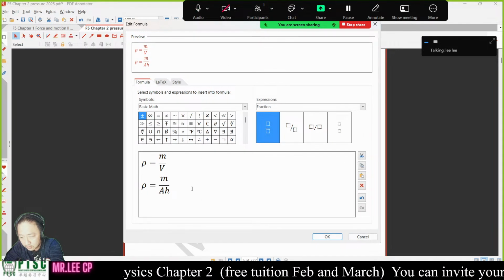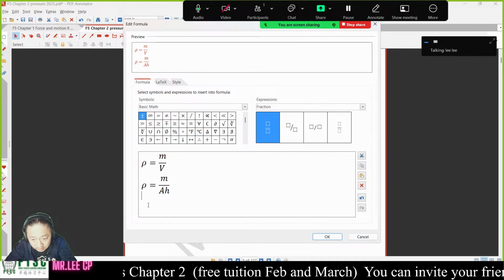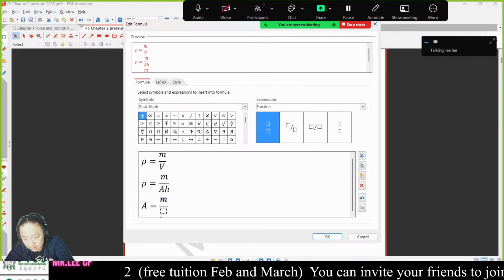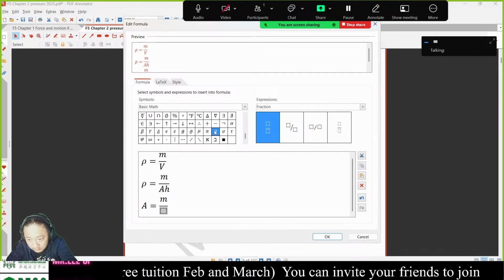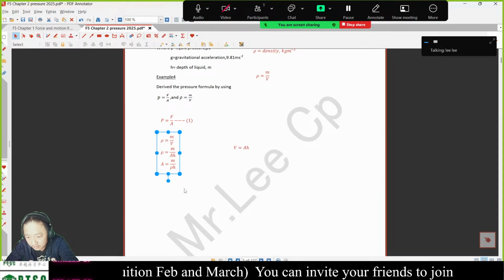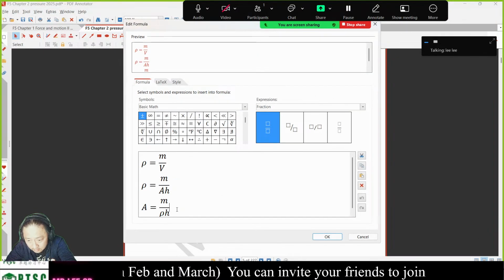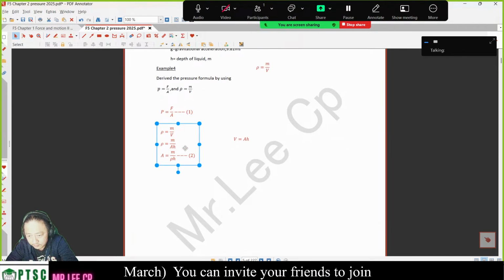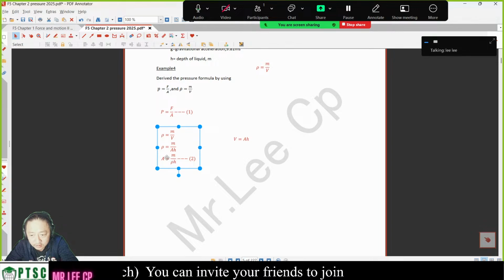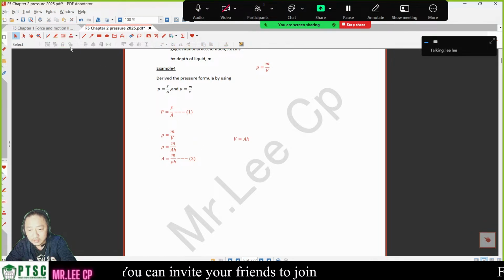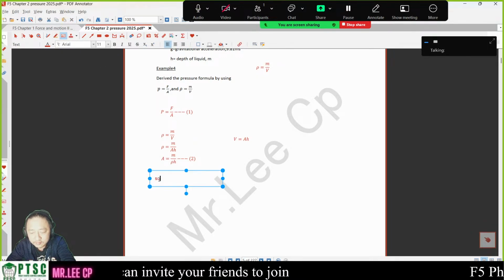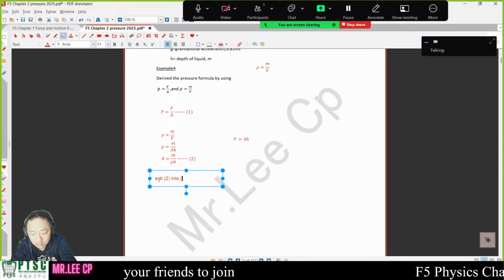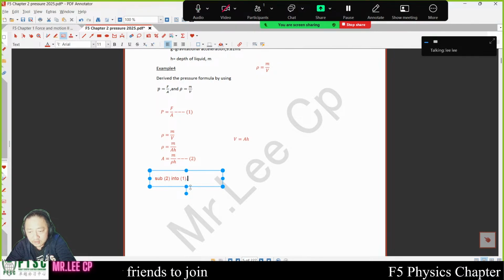Area goes up, mass is still here, density goes down, H goes down. So I can substitute 2 into 1. Sub 2 into 1. So what do we have?